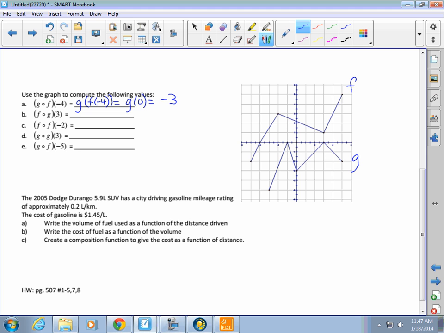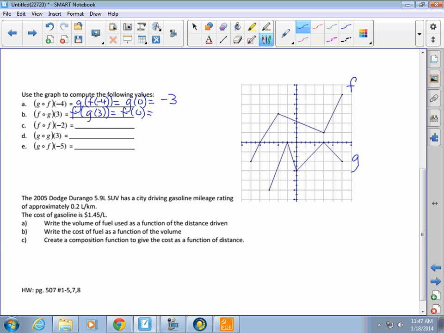The f composed with g of 3 means I'm going to find the f of g of 3. For g of 3, the x value at 3 is right here, and my y value is 0. So for the composite function I'm going to find the f of 0.